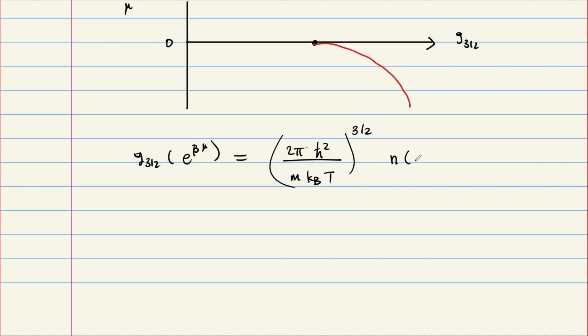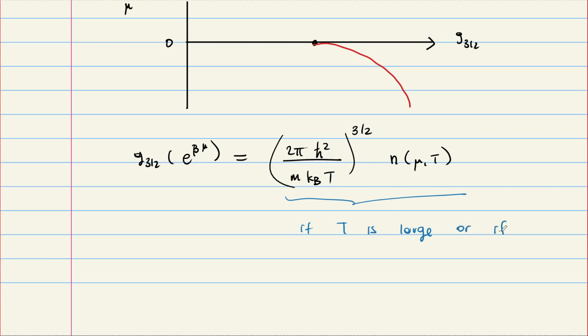This is n(μ, T), and you can see this is like density, because it depends on n and it depends on T. If T is large, this side is going to be small.